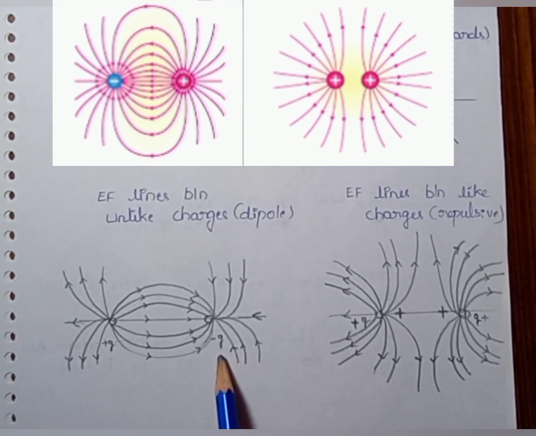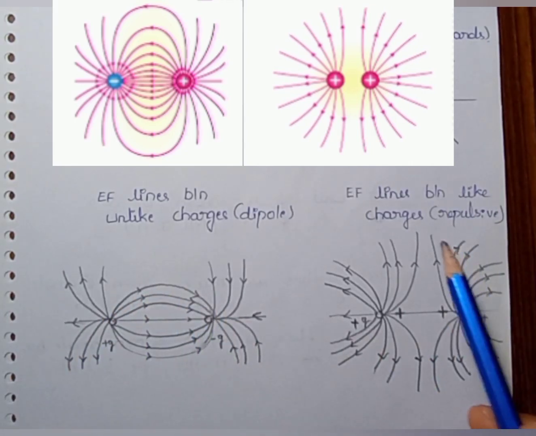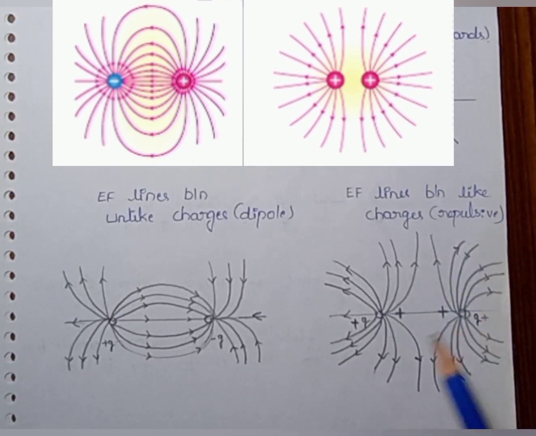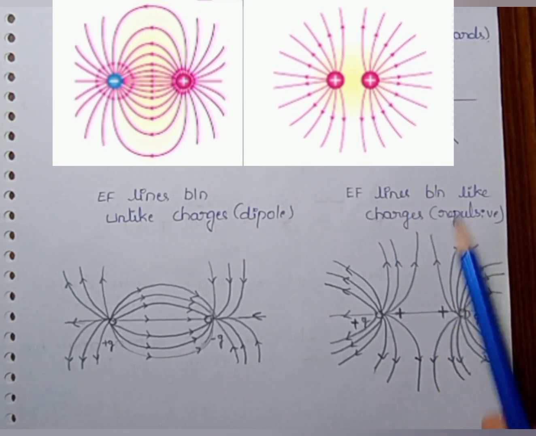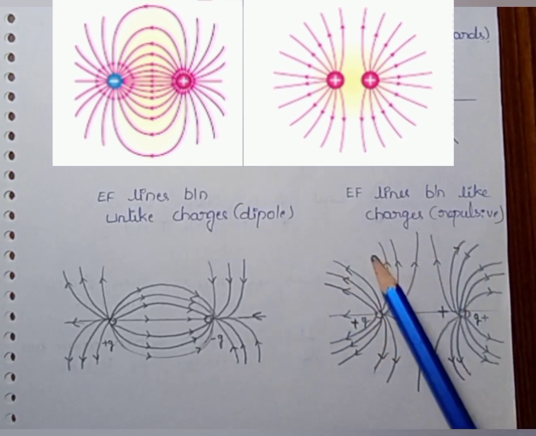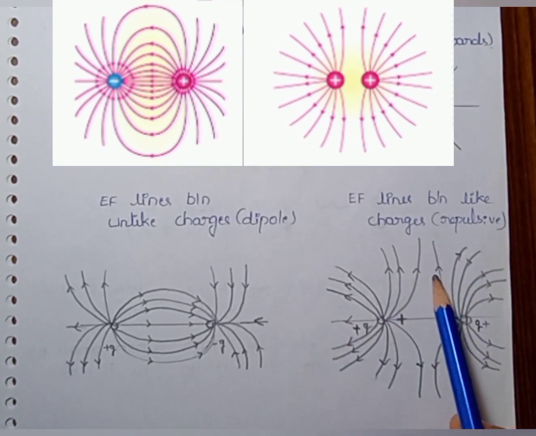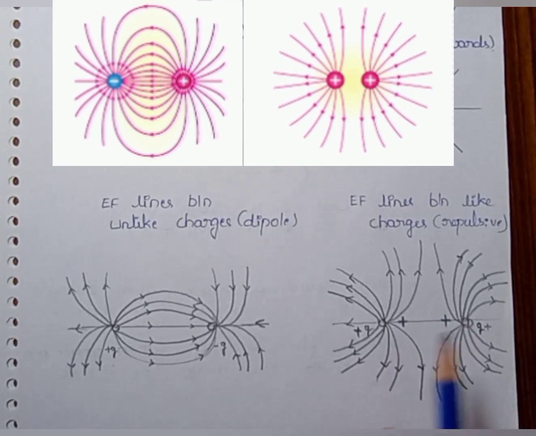When unlike charges are there, which creates a dipole, electric field lines move from positive to negative. And when it is repulsive, repulsive means same charges, either positive or negative, then electric field lines repel each other, they will not meet at any point. And these four diagrams are important for 2 marks.